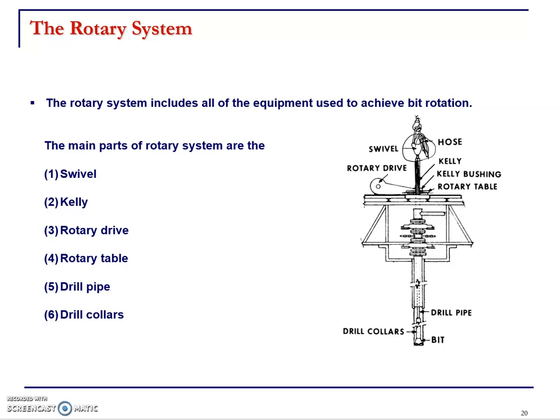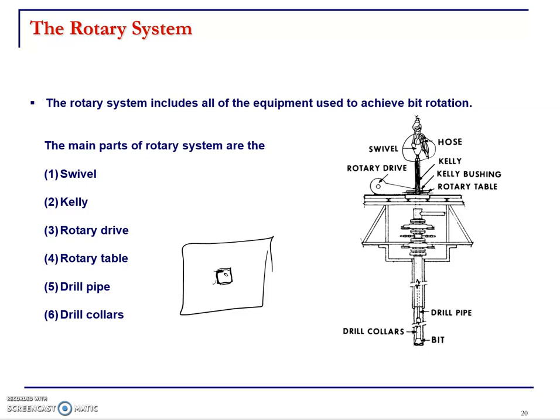So let's say if you have a rotary table here, if you're looking from the top, Kelly could be a square or hexagonal shape. So there is a part here that the Kelly is going to be connected to, right? Let's say if you have a square shaped Kelly and the rotary table rotates, the Kelly will rotate.